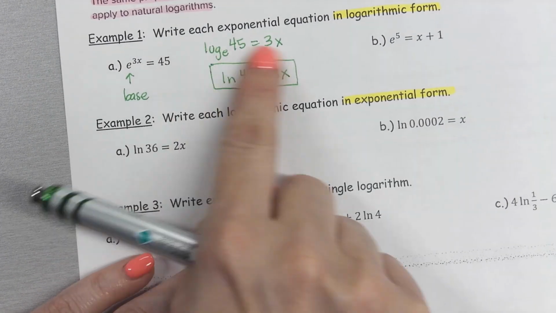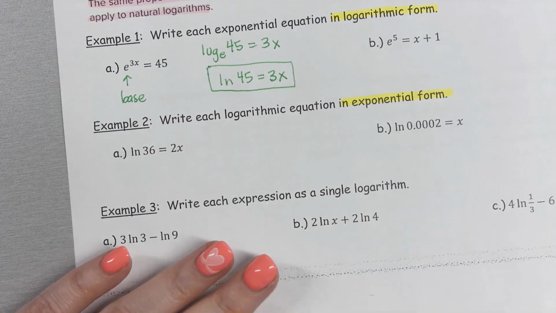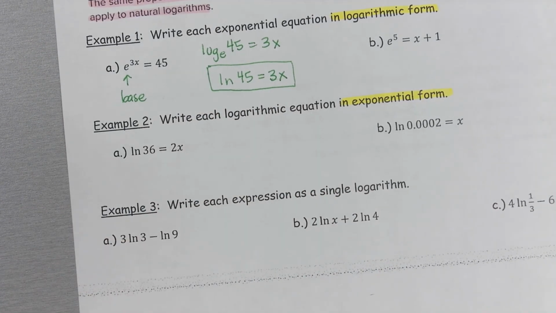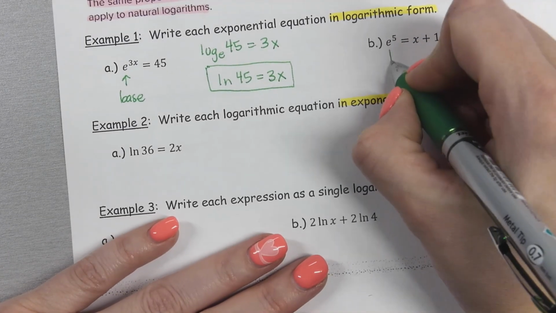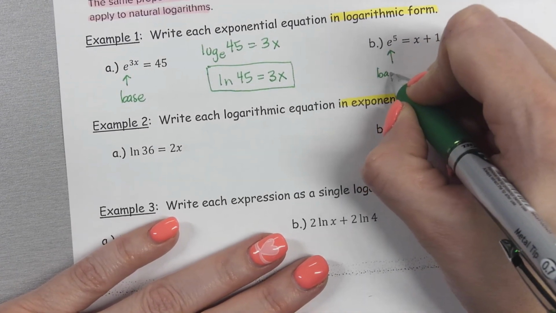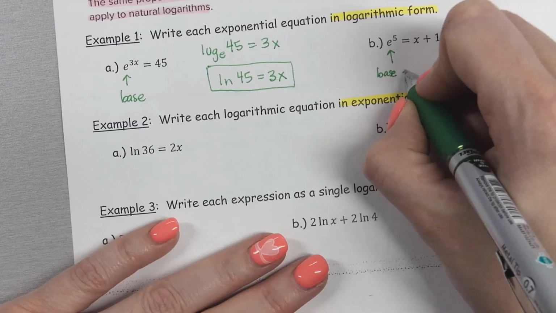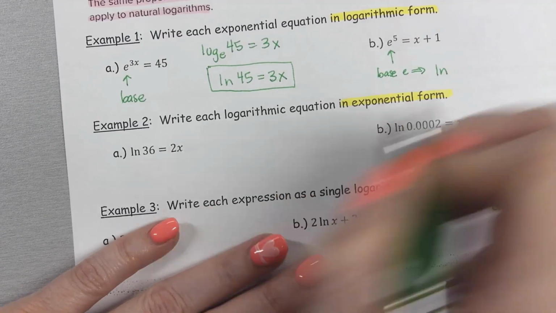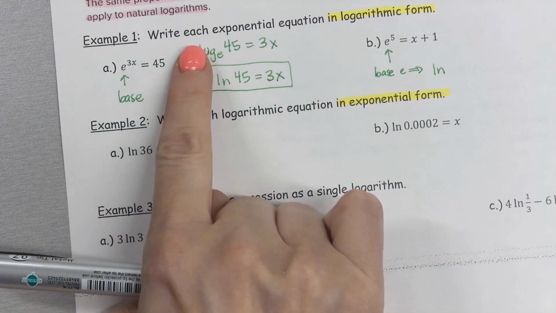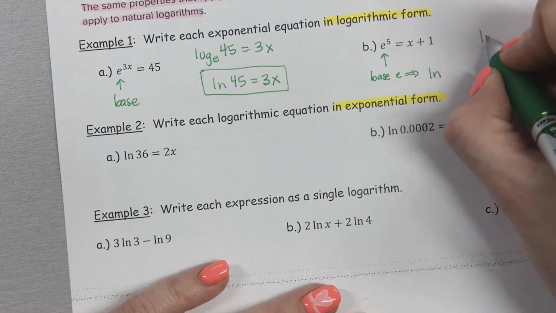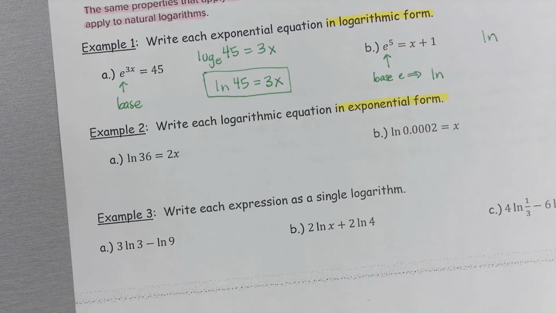If you wrote it like this as your first step, we're just going to simplify. Anytime you have a base of e, you can automatically convert that to the natural log. So instead of writing out log base e, we can just write out the natural log here.